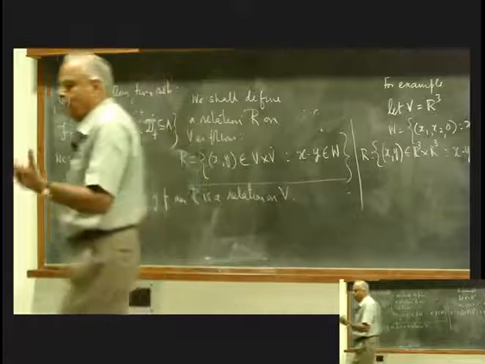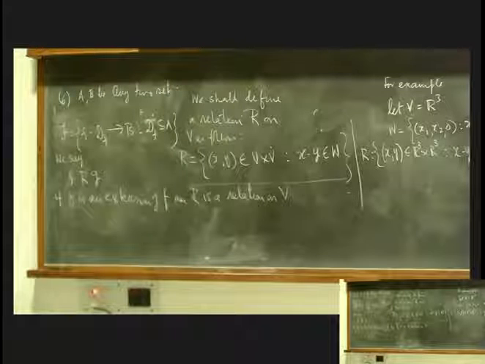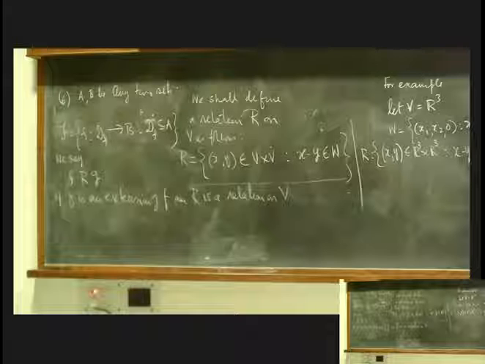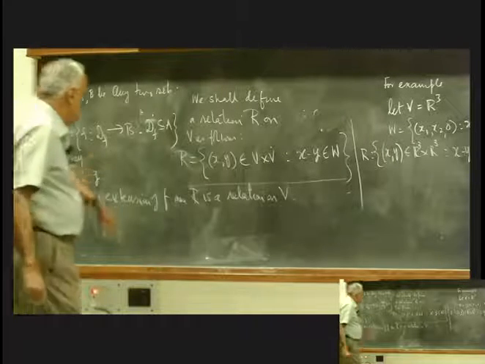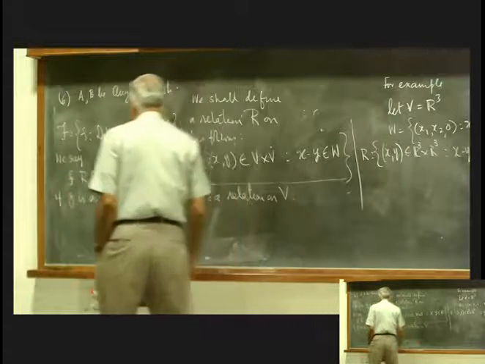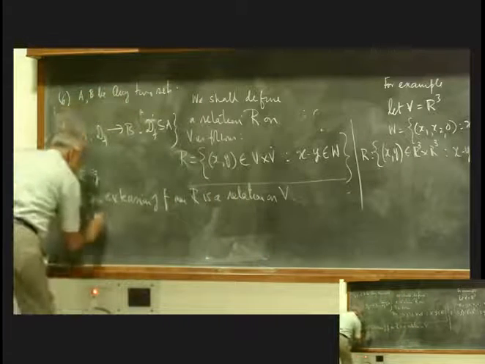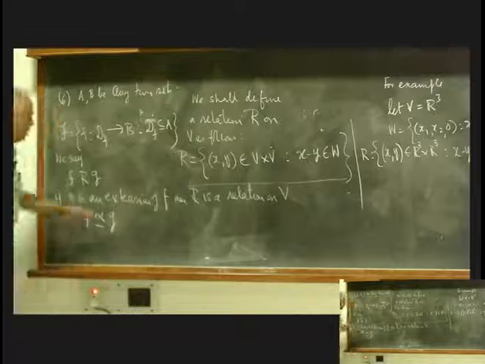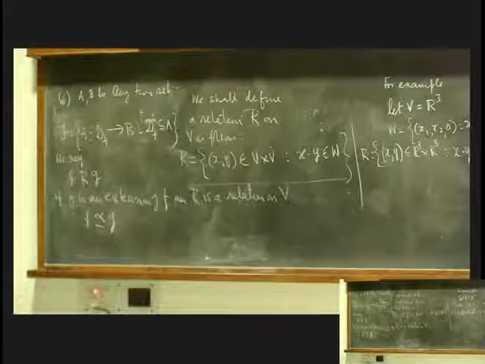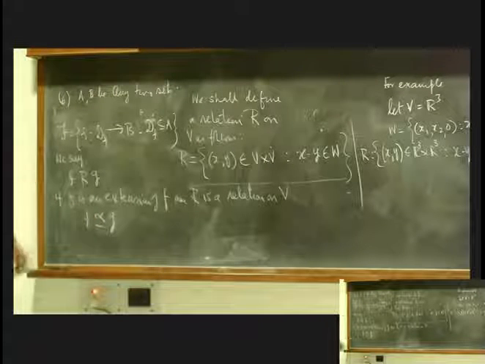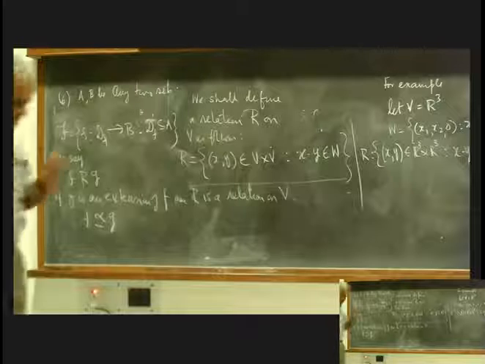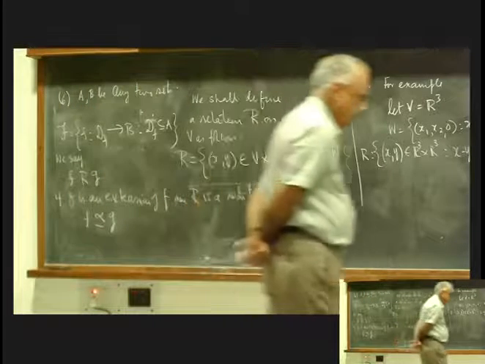So F is related to G if G is an extension of F, or also the terminology is F is a restriction of G. So we write this, remember we wrote this as this, G is an extension of F. This notation is in anticipation of what is going to come.